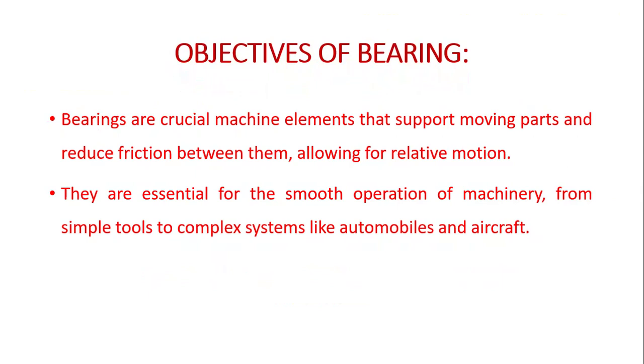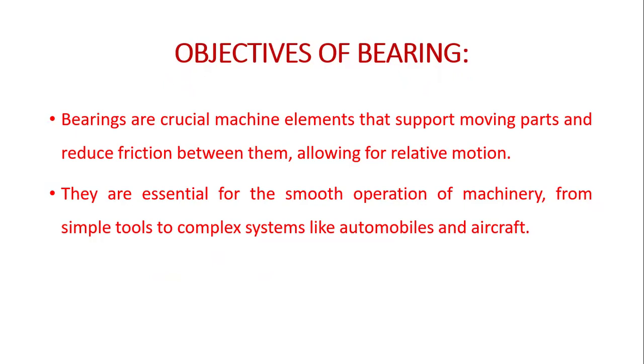Bearing is considered to be the most sensitive, important machine element that strongly supports various moving parts, the connecting elements of the machineries. The primary purpose of using bearing is to control the friction between various mechanical moving parts in order to have a safe relative motion with respect to each other.